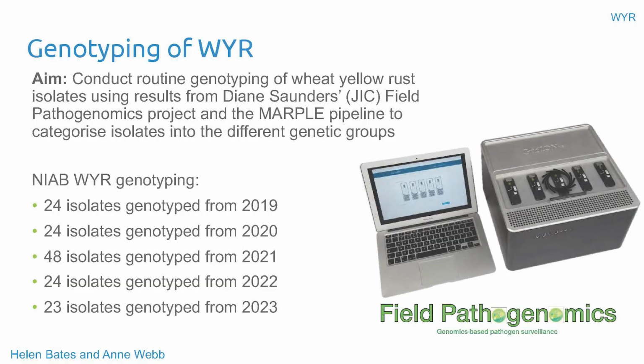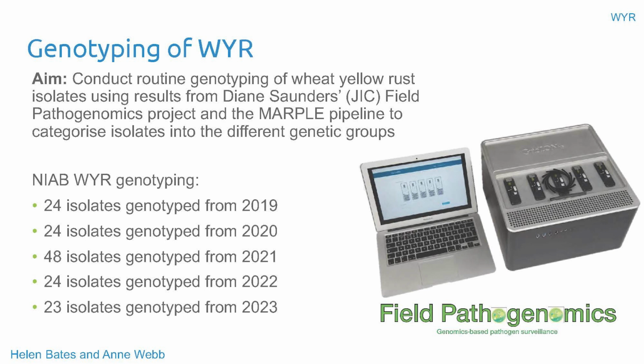So I've just got a few slides on genotyping of our wheat yellow rust. The aim of this is to conduct routine genotyping of wheat yellow rust isolates using results from Diane Saunders' JIC Field Pathogenomics project, and following the Marple pipeline, which categorises isolates into the different genetic groups.